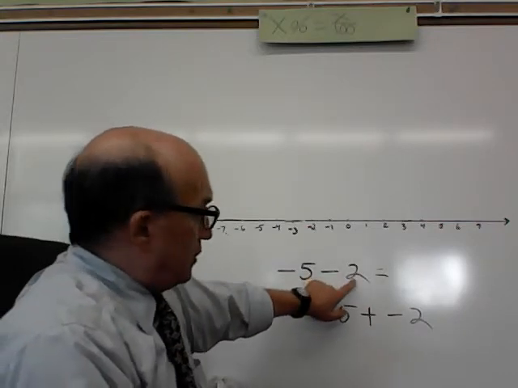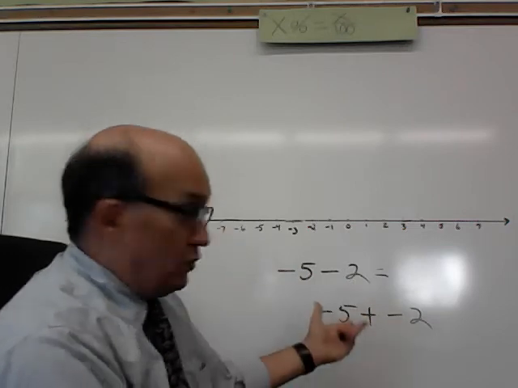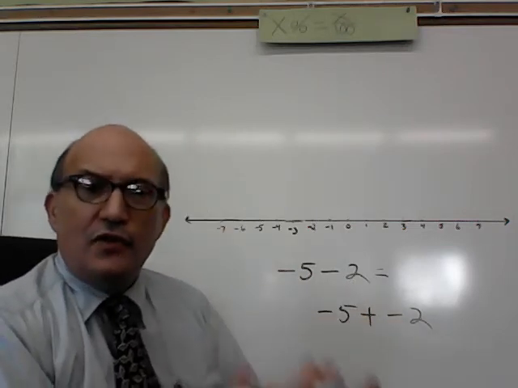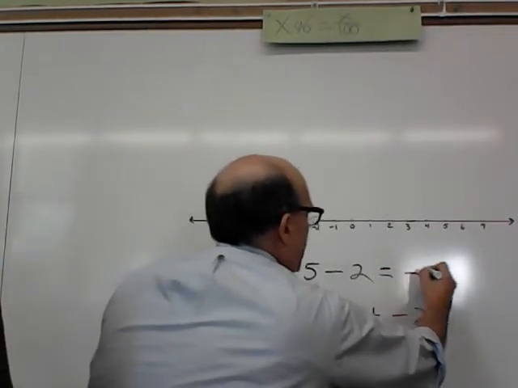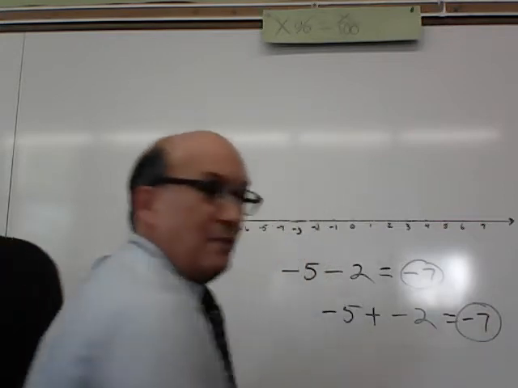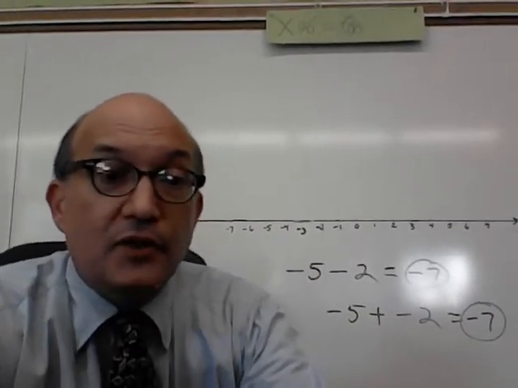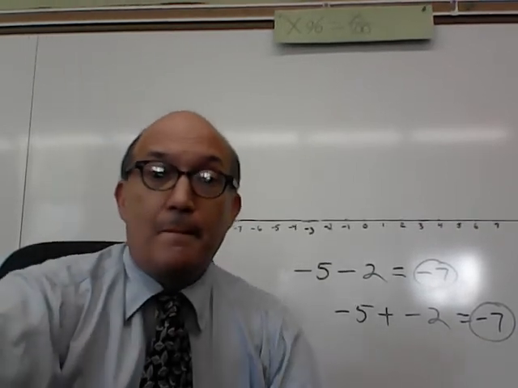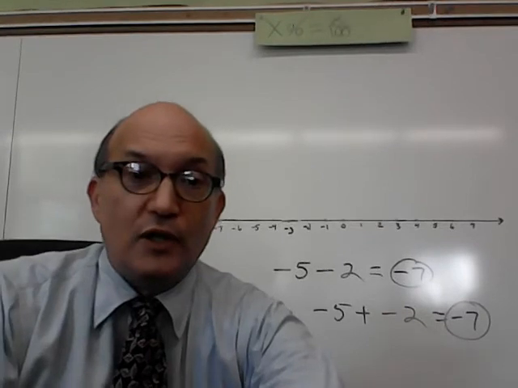To subtract 2, you add the opposite of 2, which is negative 2. So the answer there is negative 7. This takes a little getting used to sometimes. Sometimes students will not recognize that these two have the same answer. They have to have the same answer because they are what we call equivalent. They say the same thing by the definition of subtraction.